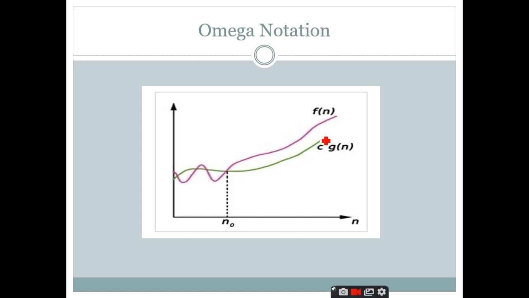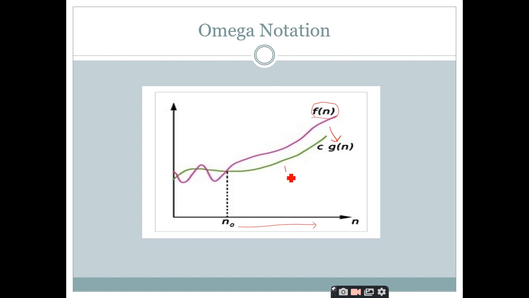Right. So this is the graphical notation. As I said, f of n is our graph of interest, and C into g of n represents the lower bound here. For any value of n you take, you can observe here that f of n is not even touching this C into g of n. Sometimes at one point it may touch this C into g of n, but it never goes below it.